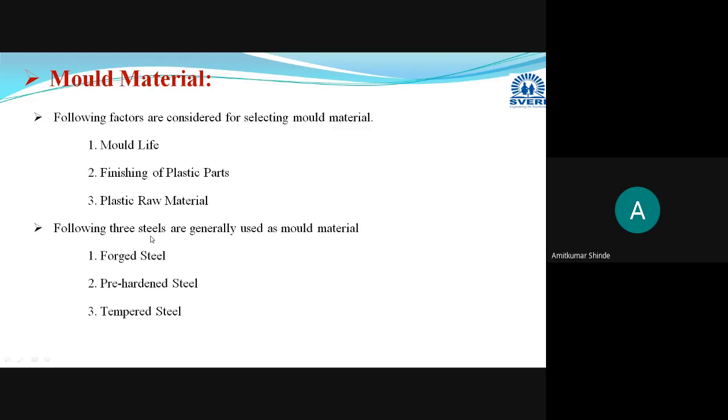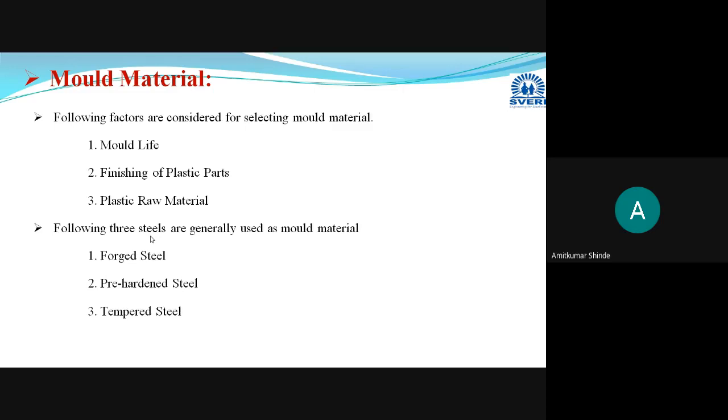So these are the factors you have to take into consideration while selecting the mold material. Generally, for making molds for plastic materials, these three types of steels are used.